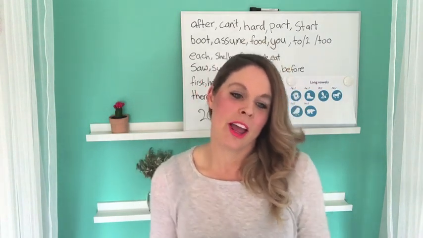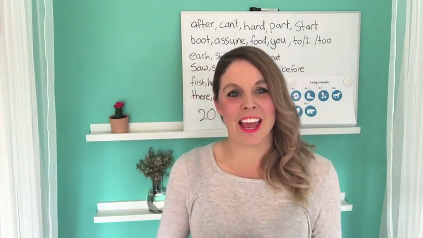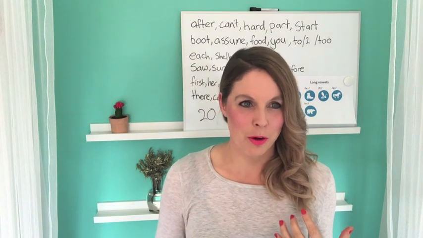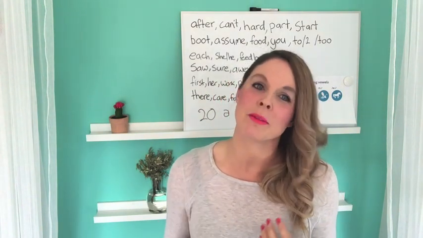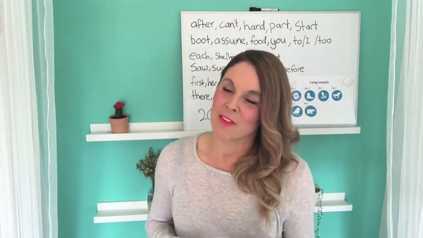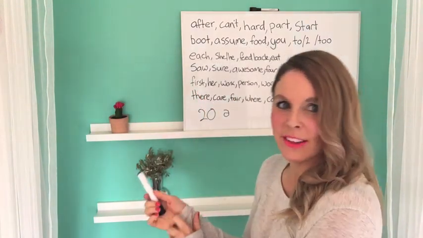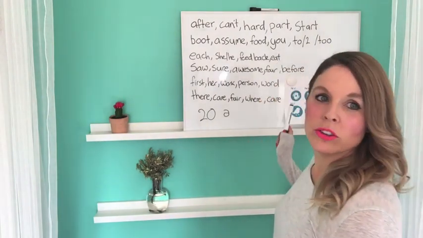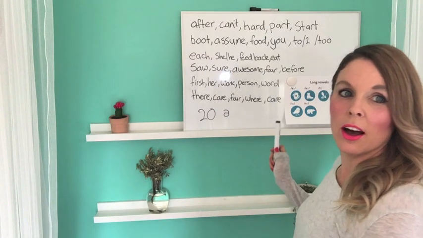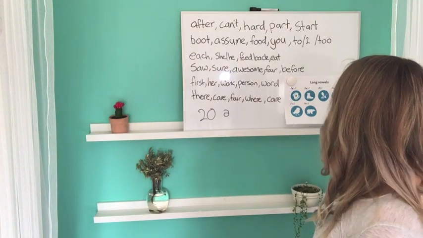Okay, so what we're going to do is I'm going to go through the vowel sounds and then talk you through about 5 commonly mispronounced words with that vowel sound in it. So let's get started. I've got a little cheat sheet here that has the vowel sounds in it.